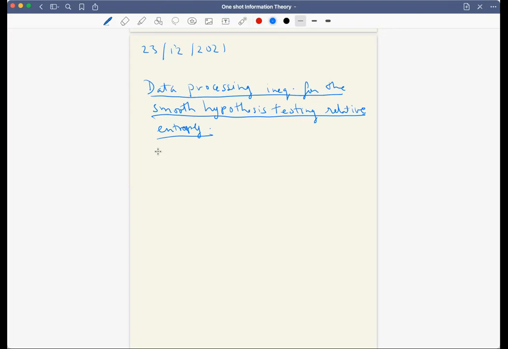As we have seen earlier, our approach to prove the data processing inequality is just to trace out a register. So basically, what I'll be trying to prove is that the D epsilon H of rho AB, some joint state on AB, with respect to another joint state, sigma AB, is greater than or equal to D epsilon H of, let's say, rho A with respect to sigma A. And we saw the background behind this, any operation that you do.